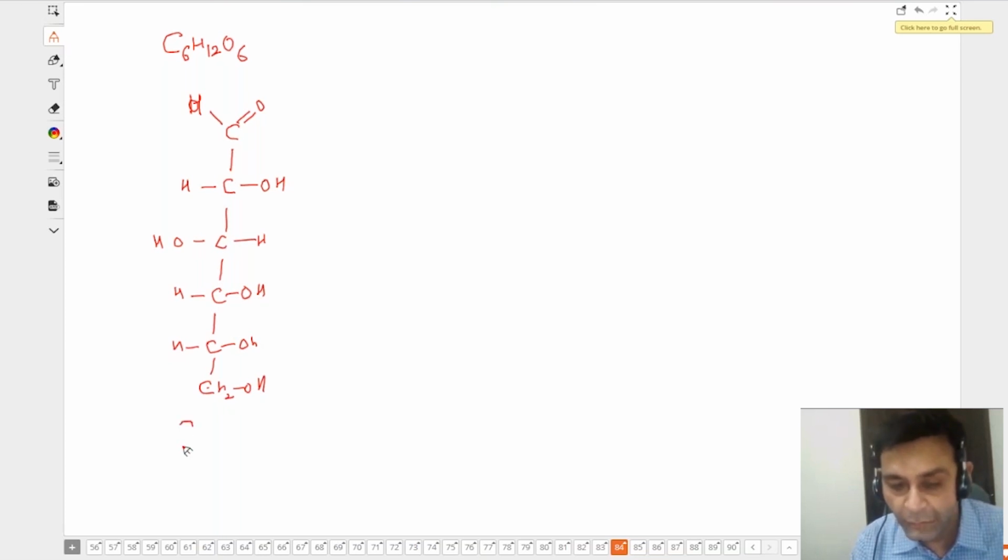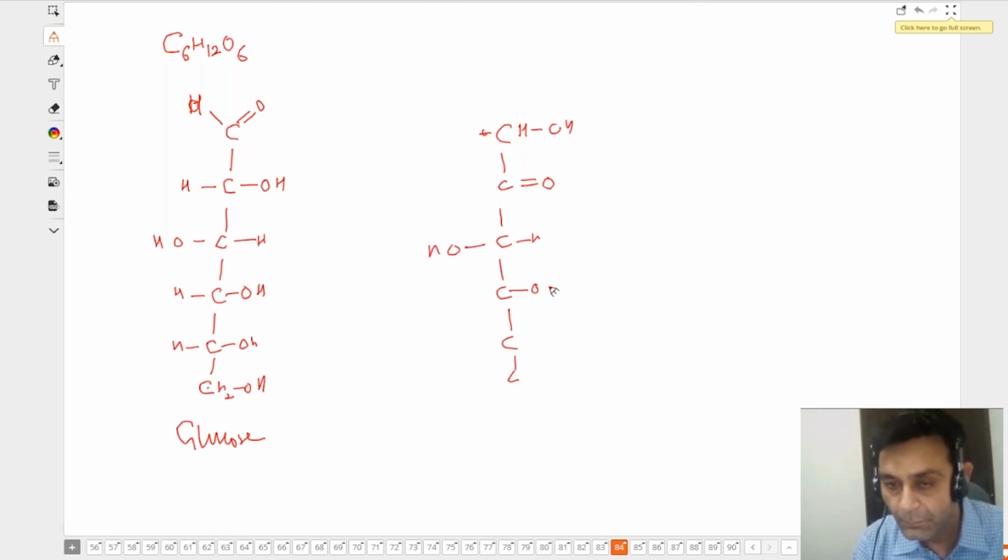Right? This is called the glucose molecule. And if it is like this, 1, 2, 3, 4, 5, 6, here I have a ketone. This is the fructose.